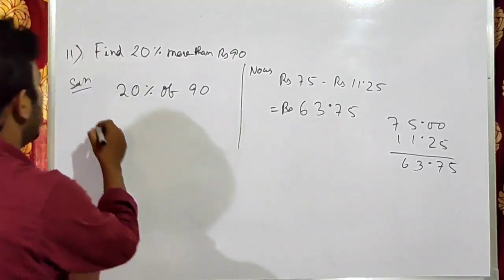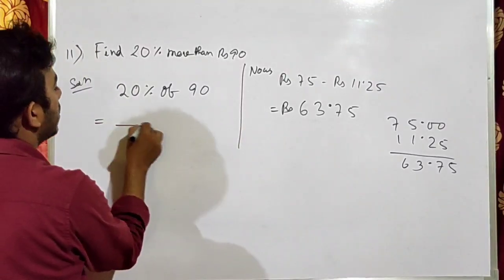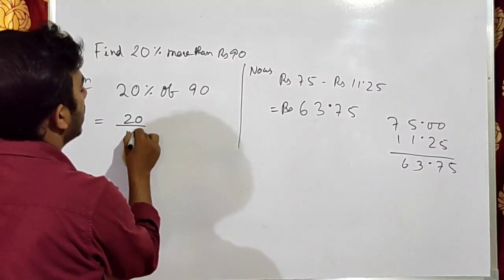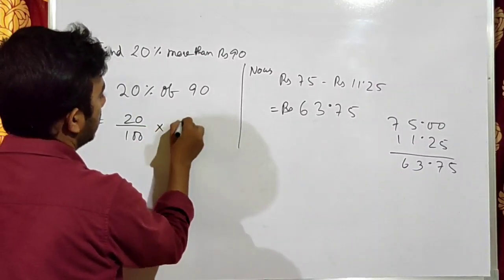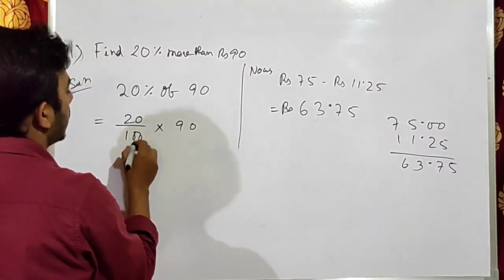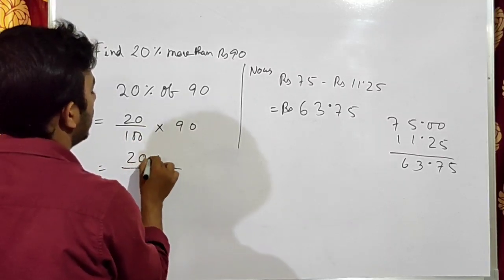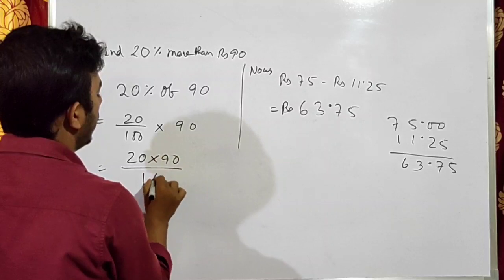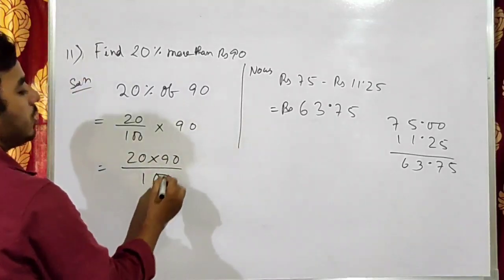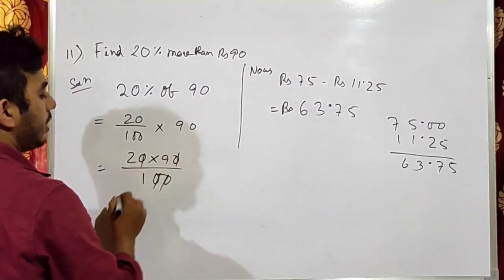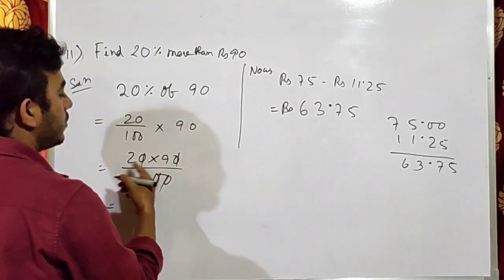Okay, so let's find out. 20% means 20 divided by 100. Of means into 90. Numerator into numerator: 20 into 90 by 100. Cancel the zeros. Now what is left is 2 into 9.